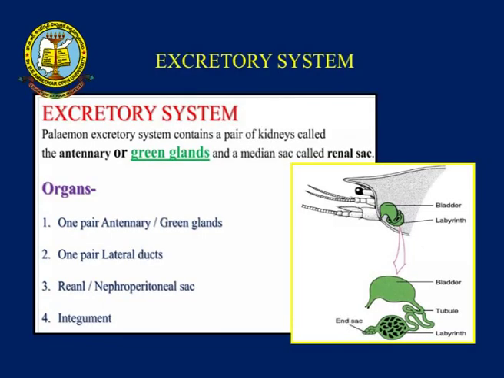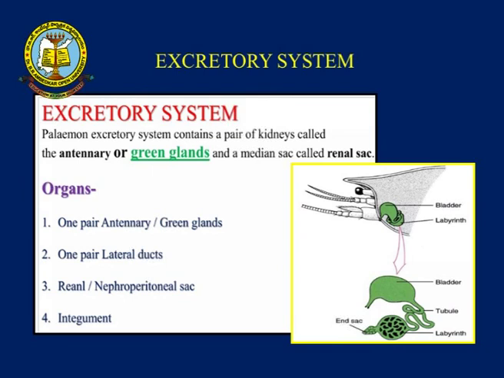Now, when you are going to talk about the excretory system of Palaemon, it has a pair of kidneys called antennary or green glands, because they almost resemble that. So, they are called green glands, and a median sac called the renal sac is present inside them.